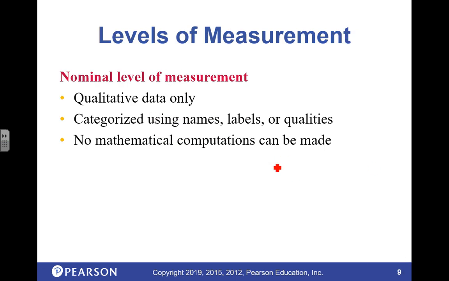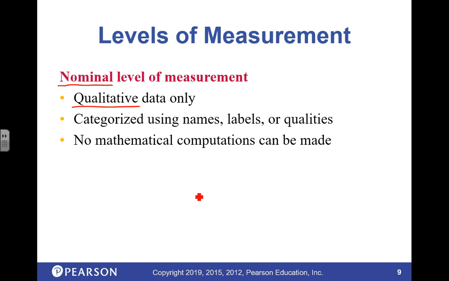Now, when we're looking at quantitative or qualitative, depending on which one it is, we do have different levels of measurement. Nominal is probably the lowest level of measurement, or kind of our base layer, and it refers only to qualitative data, only categories.